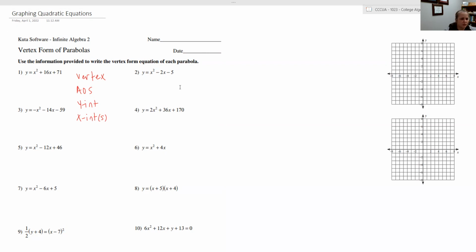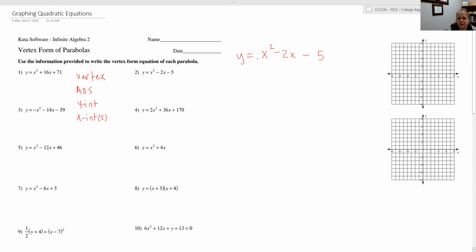So just starting with number 2, they give me the equation y equals x squared minus 2x minus 5. Now, when we complete the square, our leading coefficient has to be 1. And ours in this case is.